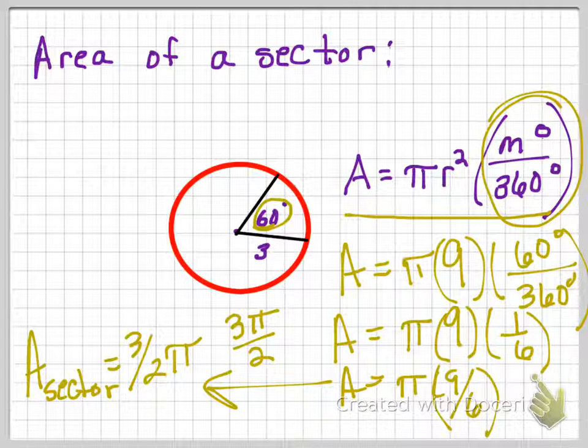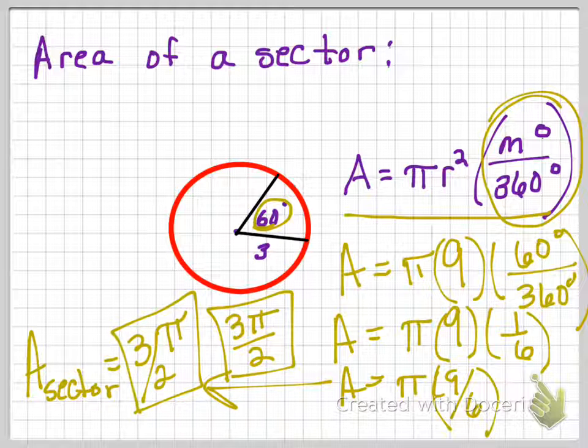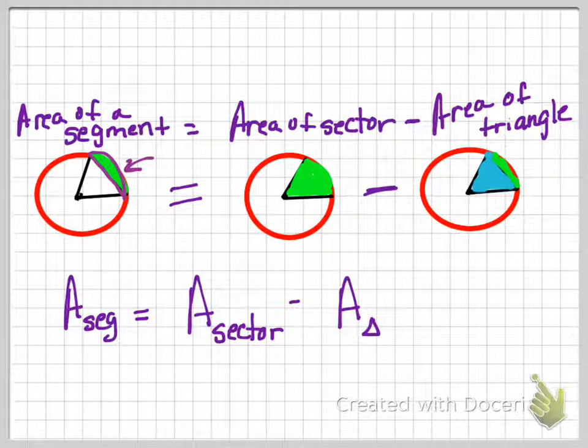Let's be careful. I want to make sure we write that how we mean that. I want to say either 3/2 pi, but I don't want that pi in the bottom. Either of these I'll take, if that makes sense. So that's how we find the area of a sector.